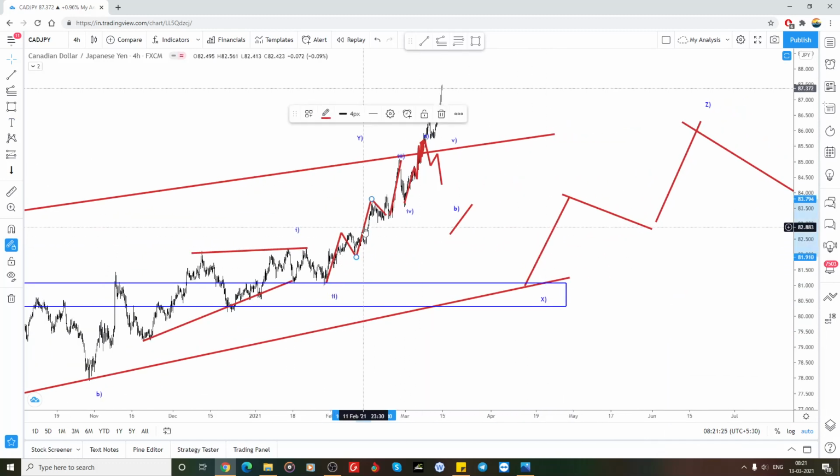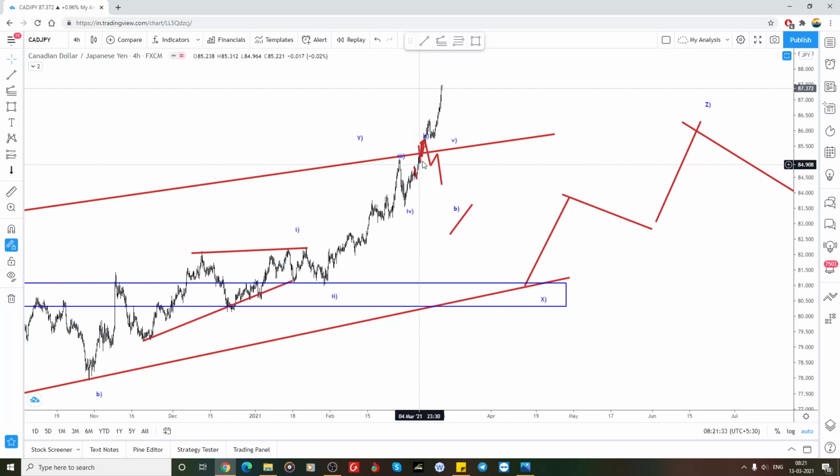So the intermediate third wave keeps on going. We have to look for confirmation here, whether where the third wave is going to end.